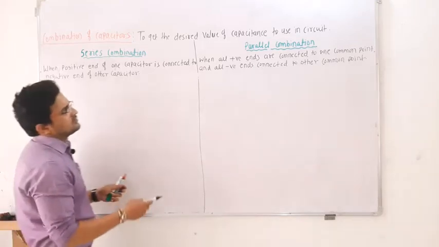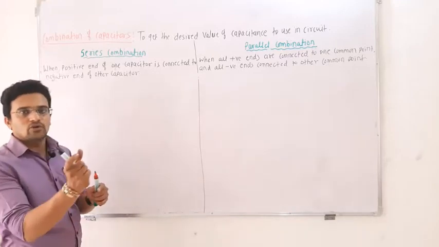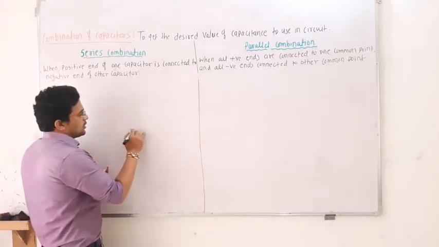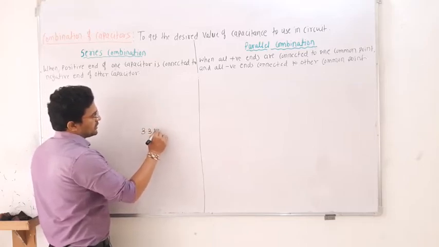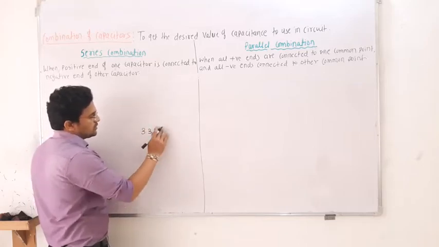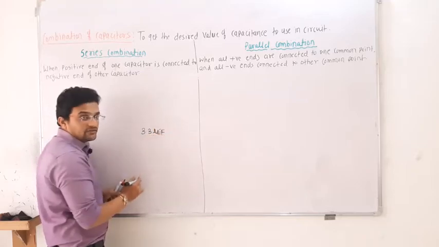So why do we need this combination? To get a particular value. Suppose you need 3.3 microfarad, where farad is the unit of capacitance.